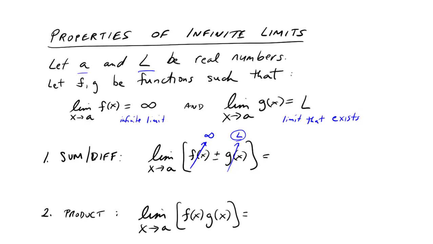It's going to be a billion plus 5, a trillion plus 5. So this is still going to get dragged off to infinity. And even in the subtraction case, the difference, f of x is getting so big that it doesn't matter if you take a little off of it. f of x, in this sum or difference, is going to dominate over g of x and take this whole thing to infinity.